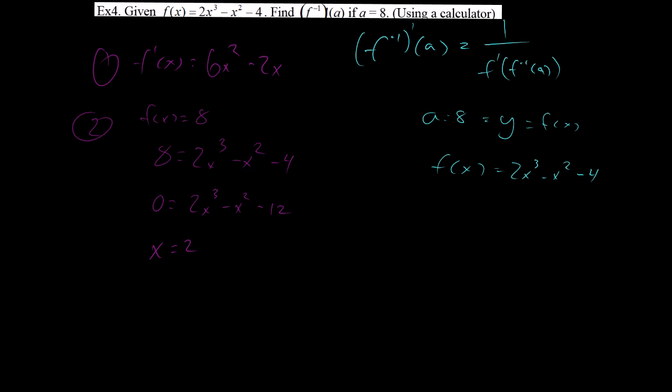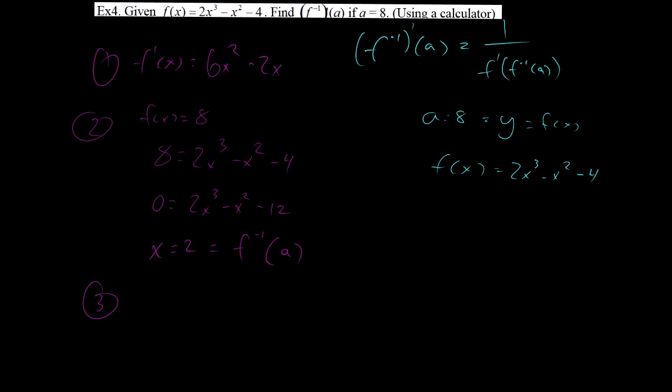So now we have our x value. What's our third step? Our x value is equal to our inverse at that point. So here we go. Now we just need to plug it all back in. So we have our inverse.